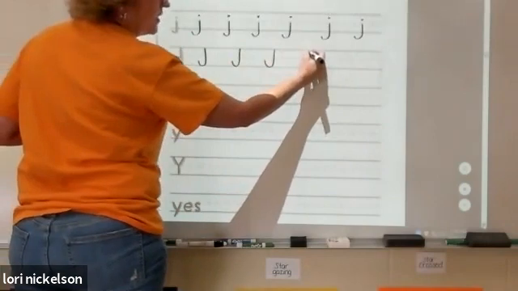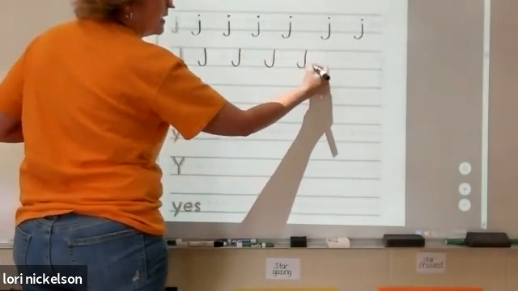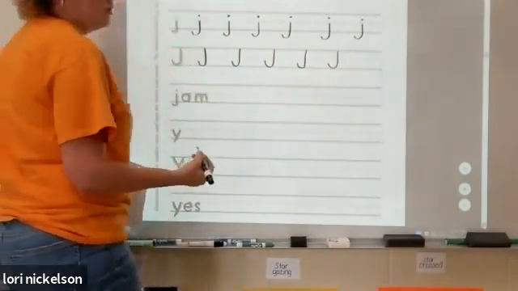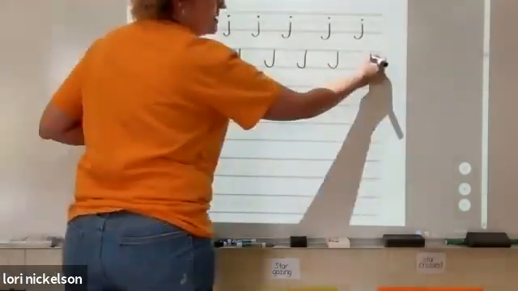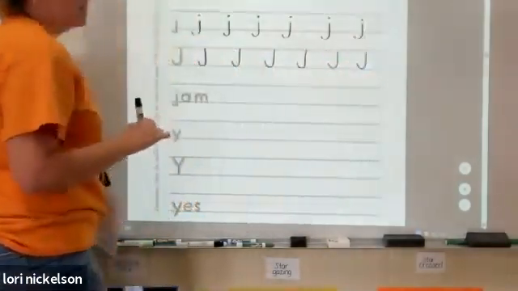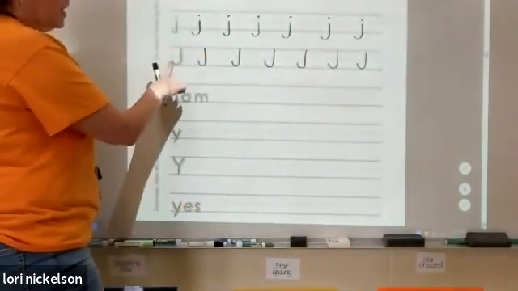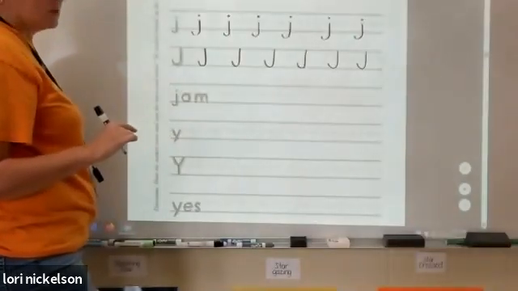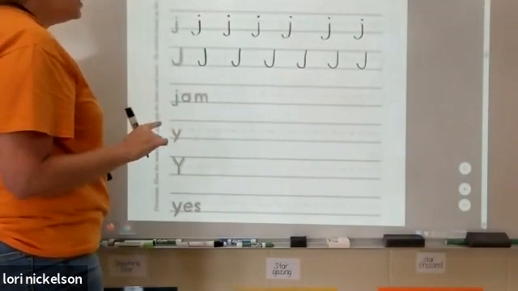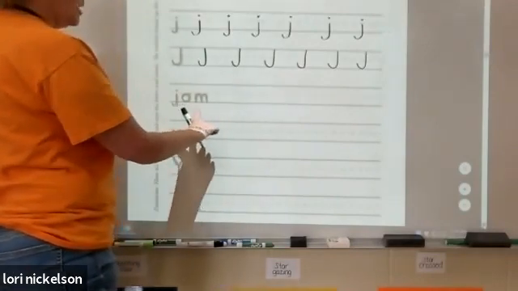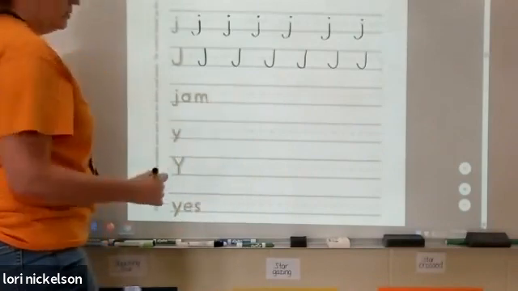Make sure that they are sitting on the line, okay, and that they're made correctly, please. And they fill up the whole row. How does the uppercase J and the lowercase j sound? Ja. Good.